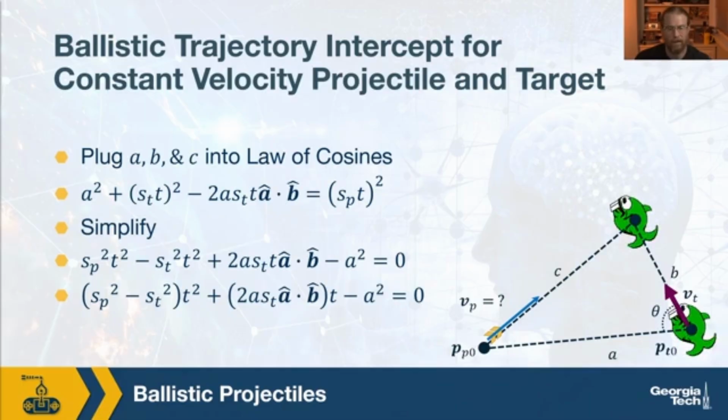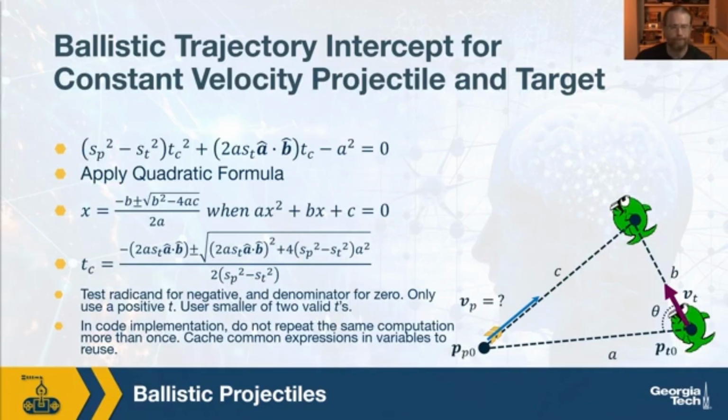We can simplify all this, and we work our way down to the last line here, and we see that we've gotten everything into a form where we've got a T squared and a T, and we're now at the point we can plug into the quadratic formula.